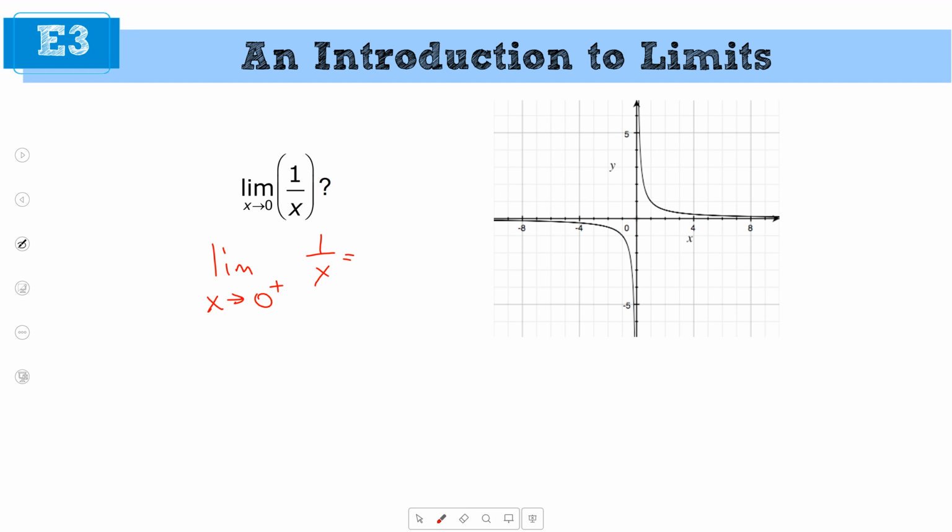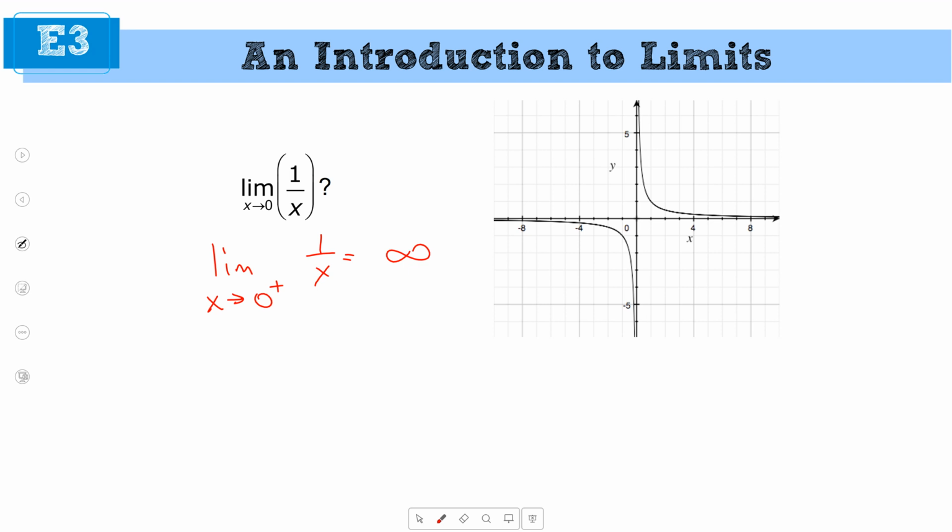What's the limit of that function as you approach 0 from the right-hand side, from the constant side? Infinity. Why? Because on the right side it goes towards infinity. Good.